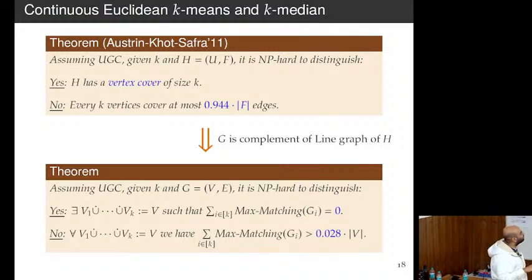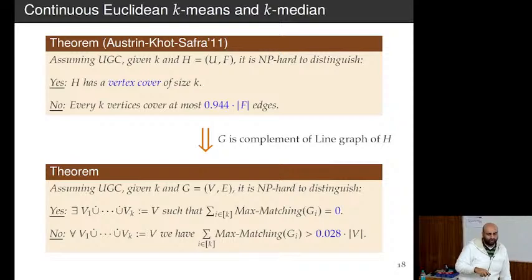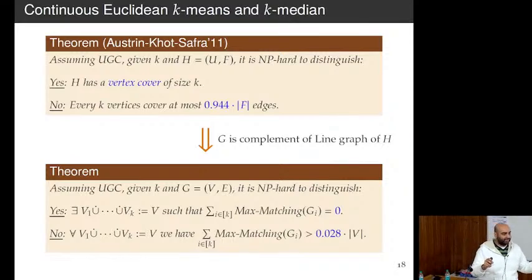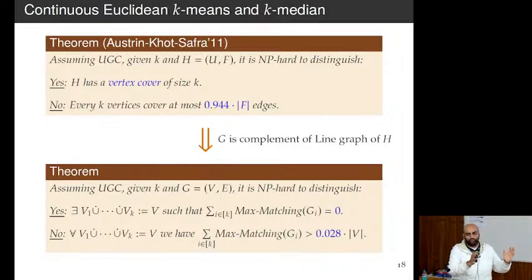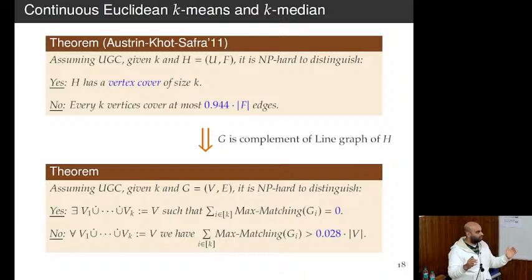Let's suppose there's a vertex cover of size k. That means there are k vertices that cover all the edges. In other words, the edge set can be partitioned into k parts such that each part is a star.